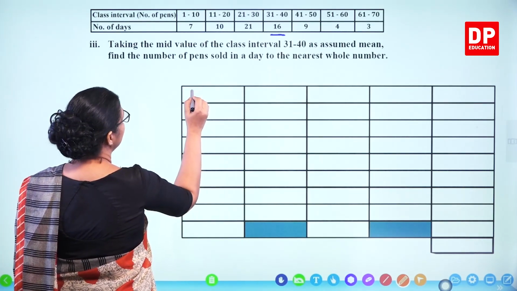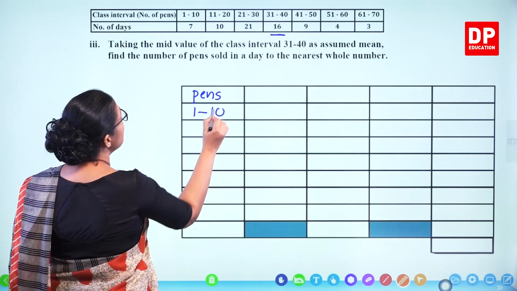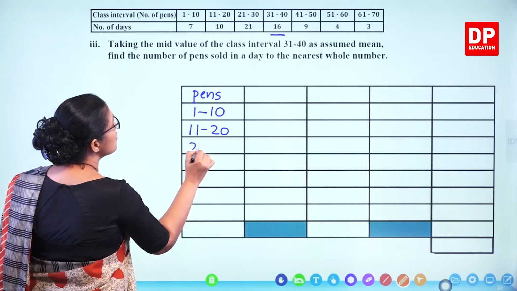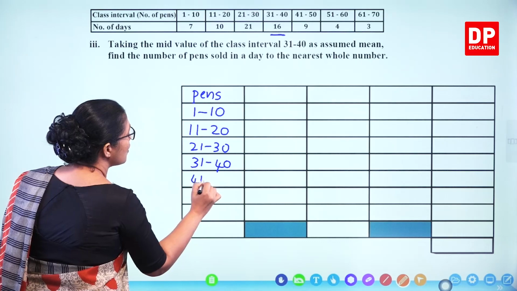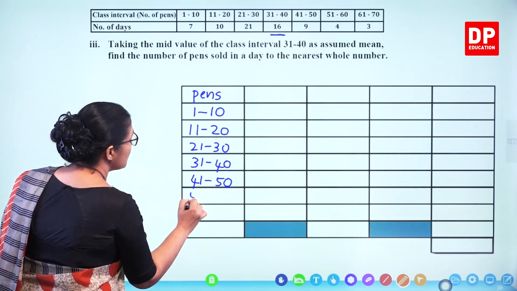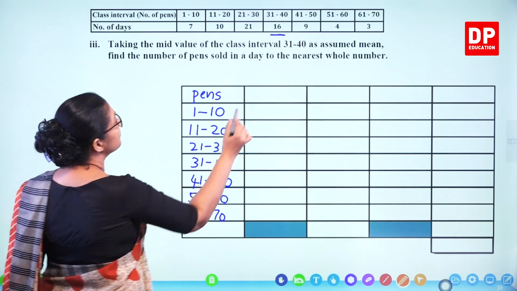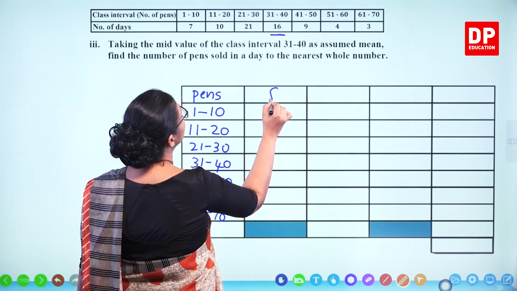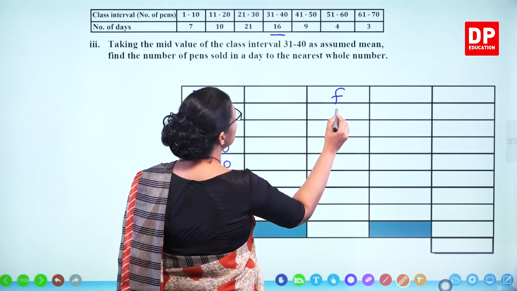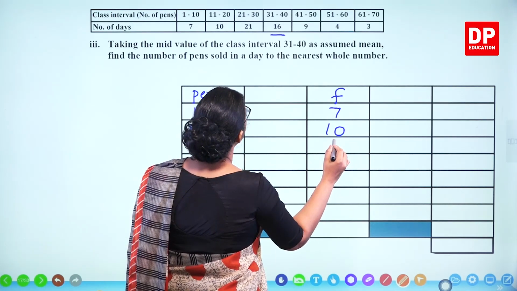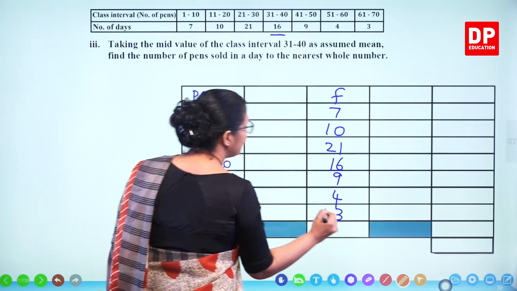So this is the number of pens: 1 to 10, 11 to 20, 21 to 30, 31 to 40, 41 to 50, 51 to 60, 61 to 70. So the frequencies, we'll write in the third column: 7, 10, 21, 16, 9, 4, 3.